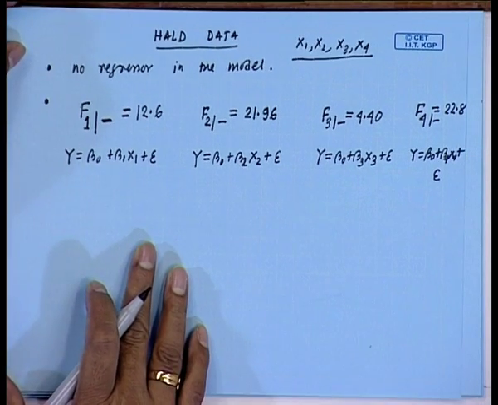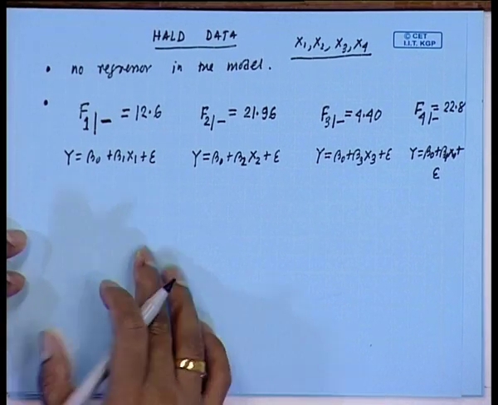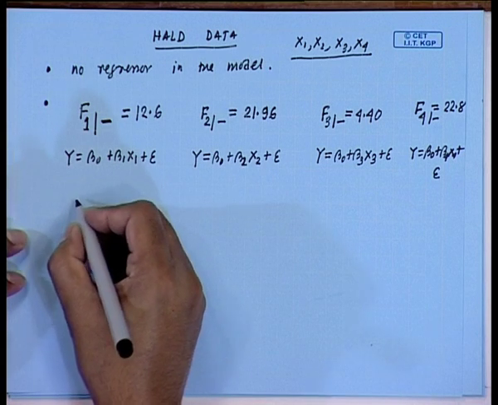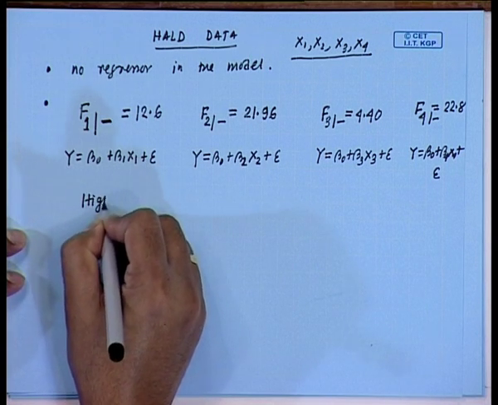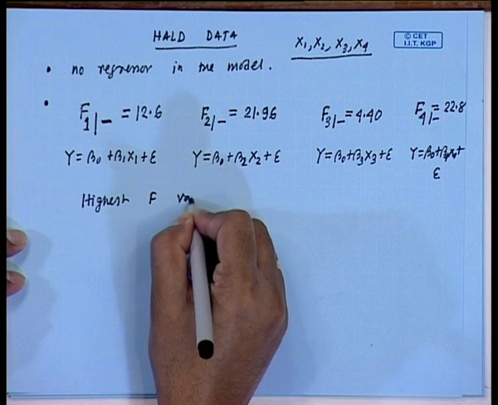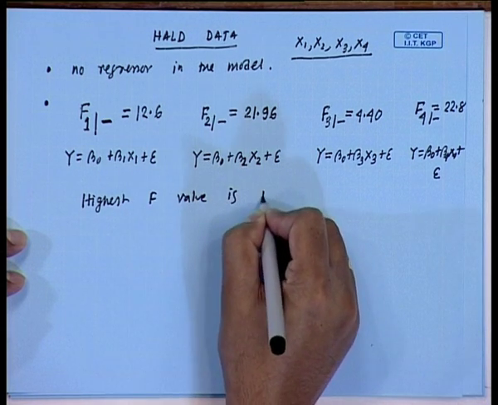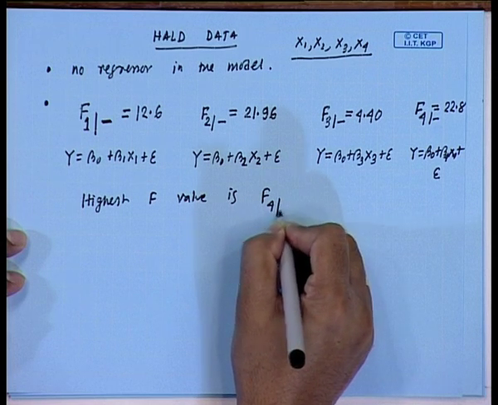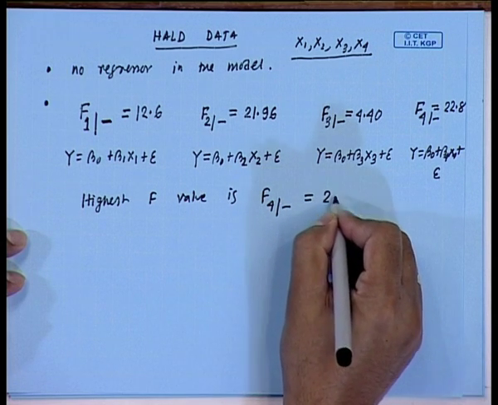Now, of course, the highest F value is F4, which is equal to 22.8.